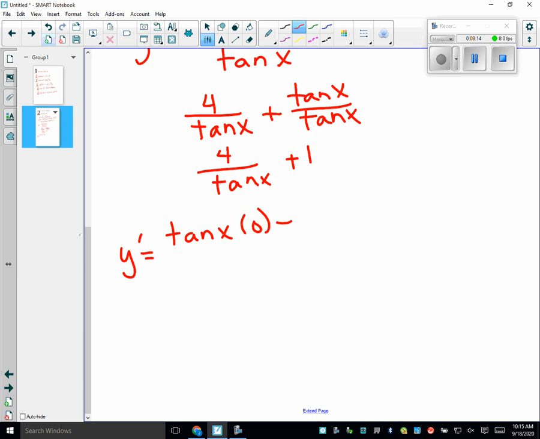But I'm going to do every step before I decide that, because some of you want to change it to 0 and then you get lost where you are. The bottom times the derivative of the top minus top times secant squared x over 10x squared. My bad.